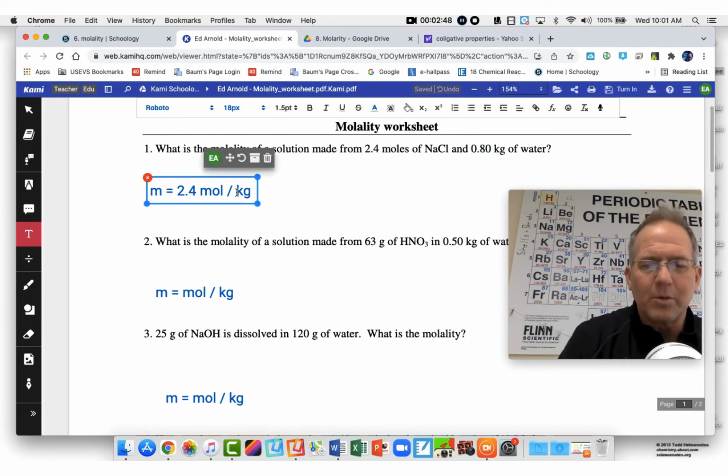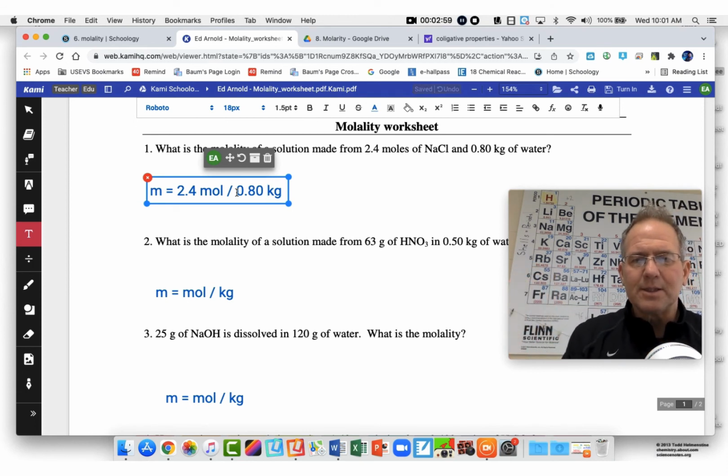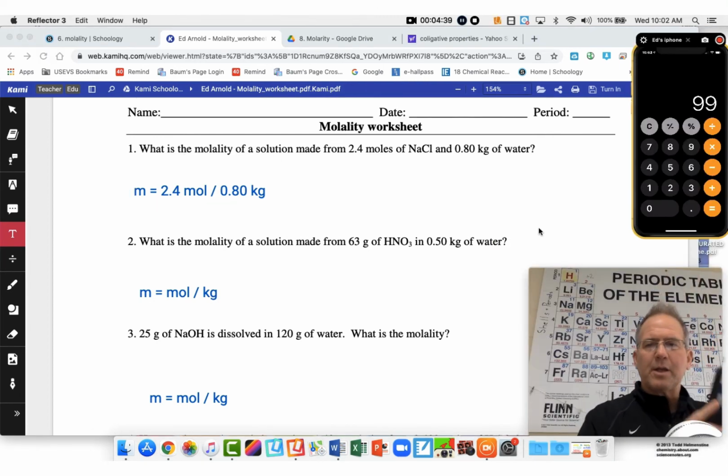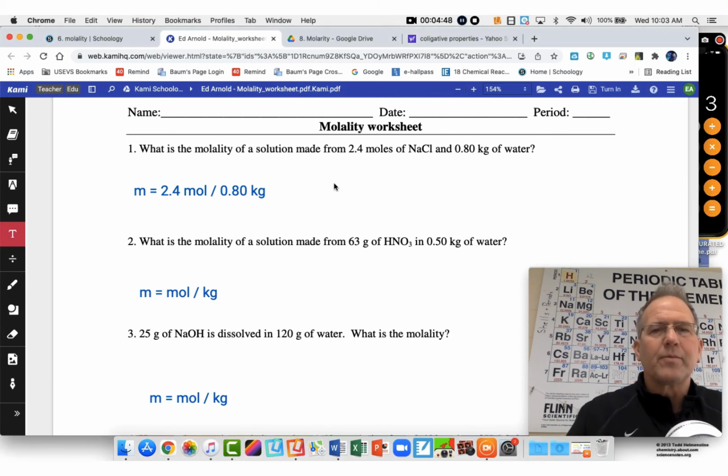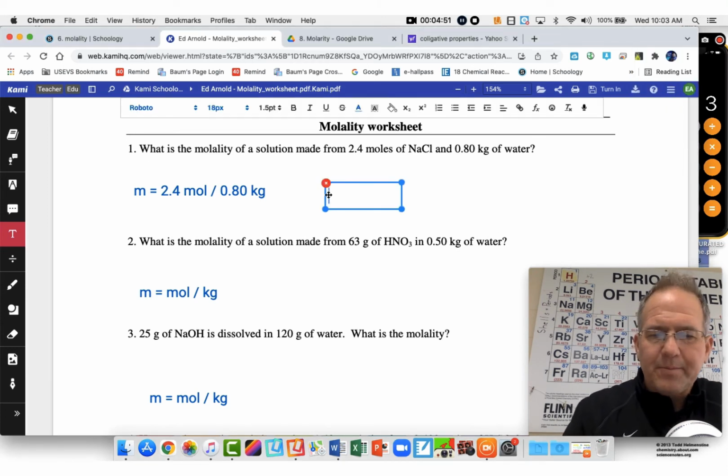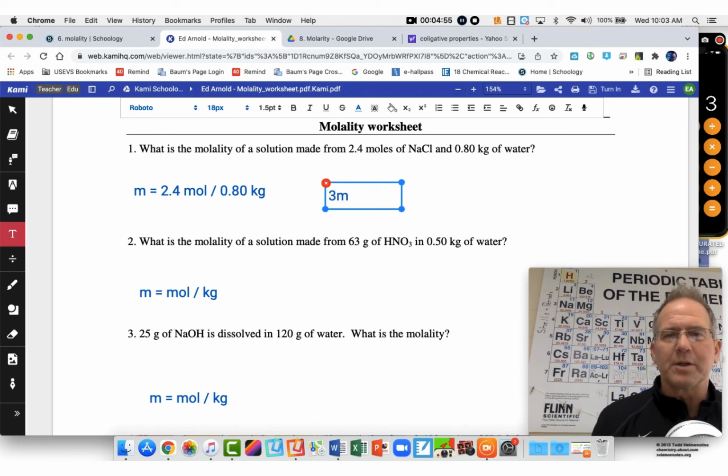If you don't remember how to copy and paste, remember it's Control C, Control V. If you have an Apple, it's Command C, Command V. All right, so we have this set up. All we have is the calculator, easy peasy here. 2.4 divided by 0.8, and I'm getting 3. And so our label is 3 with a little m, and that means, again, moles per kilograms.